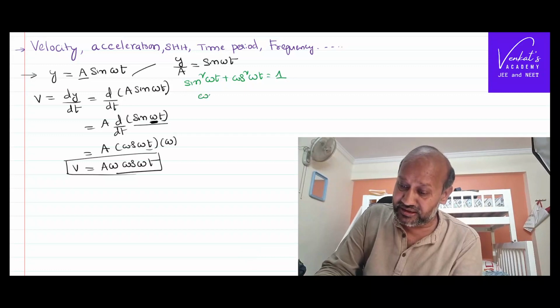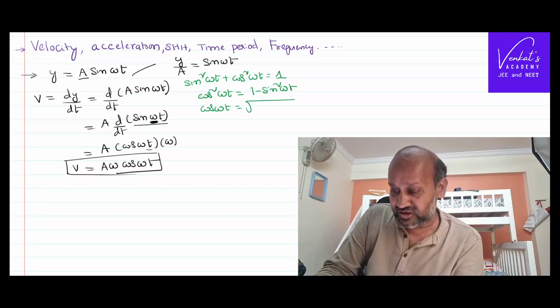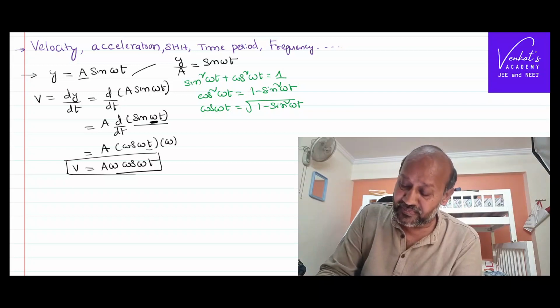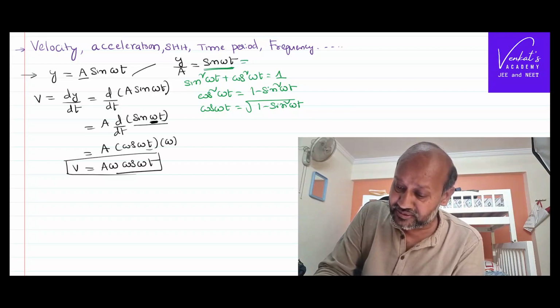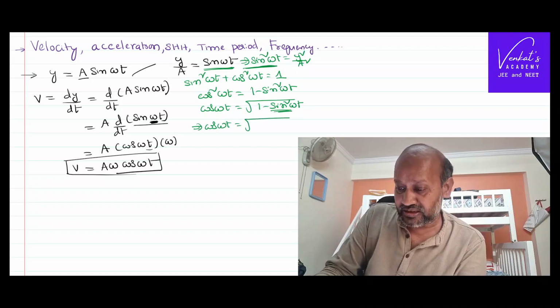From that, I can write cos square omega t as 1 minus sine square omega t. From that, I can write cos omega t, taking a square root on both sides, as root of 1 minus sine square omega t. So from here, I can write sine square omega t as y square by a square, and I can substitute this value here. That implies I will get cos omega t as square root of 1 minus y square by a square.